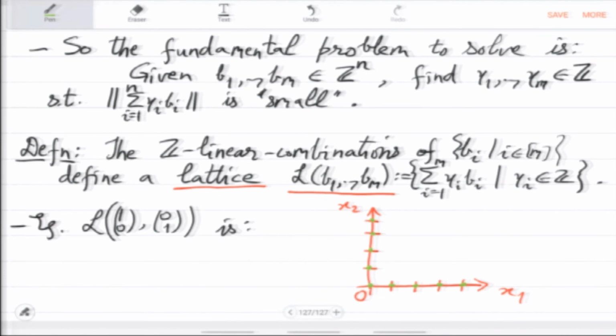Now what are the other lattice points other than the axes? Well, this is also a lattice point, 1 comma 1, because you can sum up, and by summing up other things you will get these other points.